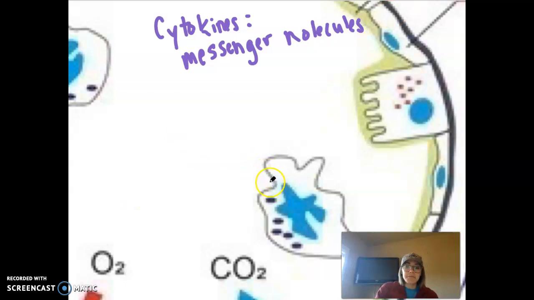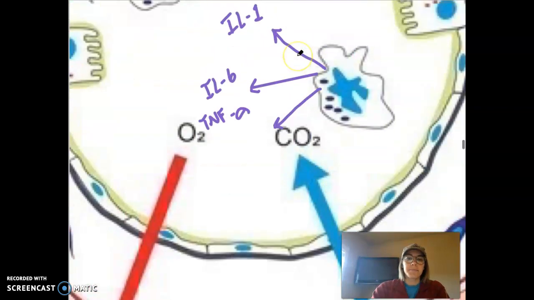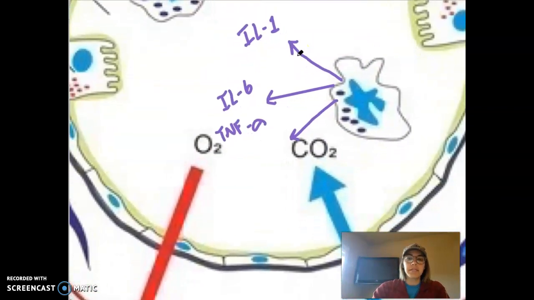So the macrophage is what releases these cytokines, and we are going to first release what's called IL-1. We are also going to release what's called IL-6. And one other one that's going to be released is called tumor necrosis factor alpha.